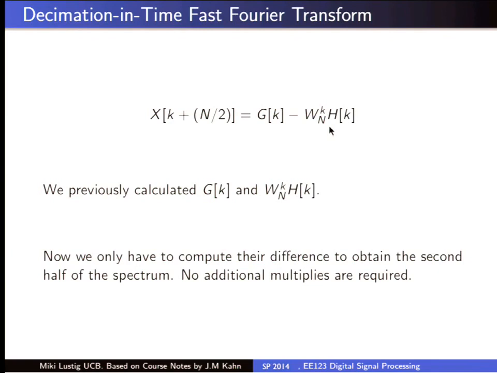And then for the second part, you just subtract it. Once I compute H and G, I can compute all the x's by adding them for the first part, and subtracting them for the second part. So we previously calculated those, so we're basically done.